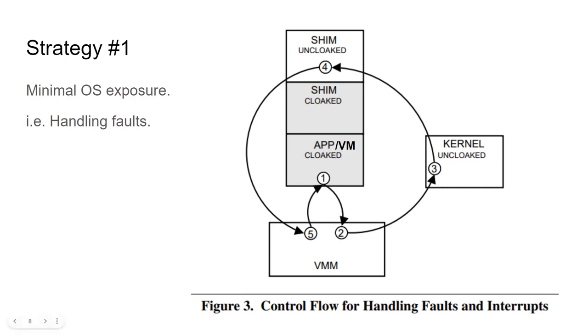The shim works when the application is executing, as seen in circle 1. Then a fault traps into the hypervisor when the kernel tries to access something in the application page. The hypervisor VMM then scrubs the registers, zeroing them out so the kernel can't see the original application state.